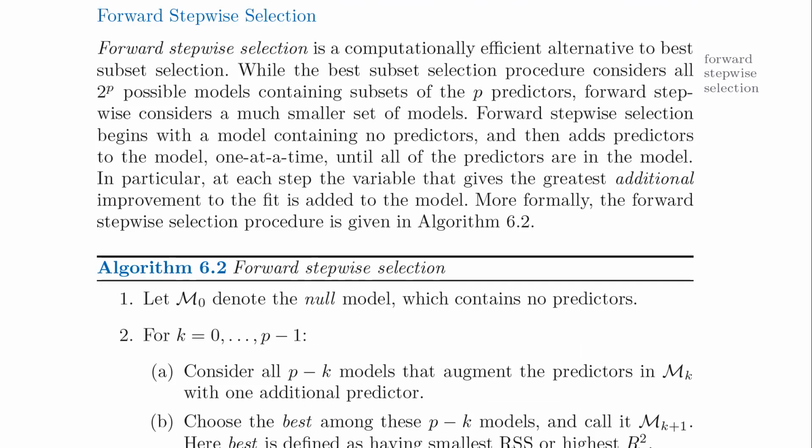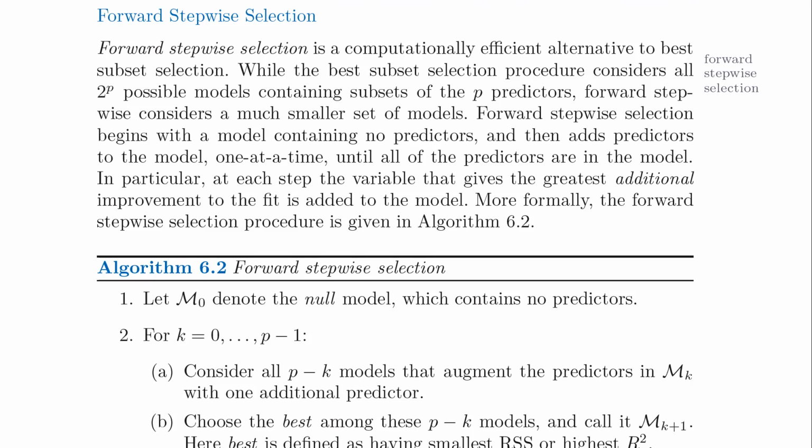Forward stepwise selection is a computationally efficient alternative to best subset selection. While the best subset selection procedure considers all 2 to the power of p possible models containing subsets of the p predictors, forward stepwise considers a much smaller set of models.